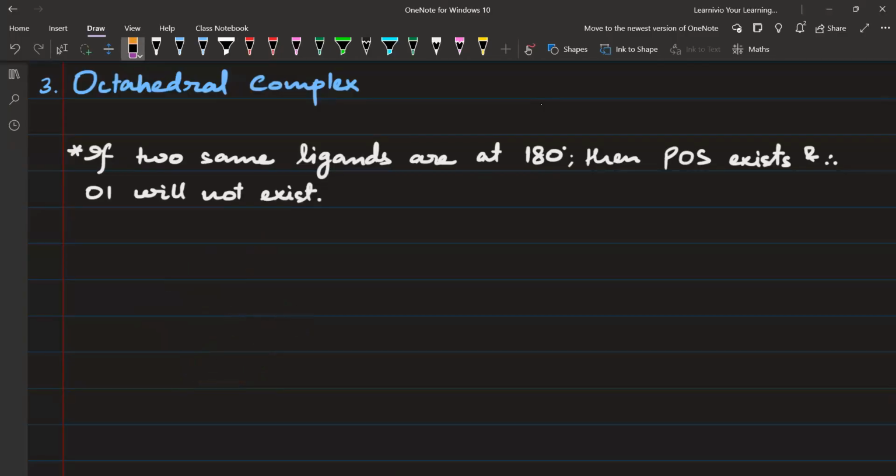दूसरा, तो जब भी आपके पास दो सेम लिगेंड आ जाए 180 पे, then the plane of symmetry will exist. Another one, it is slightly not very conventional to see, but फिर भी हम आपको ट्राई करेंगे एक्सप्लेन करने का. ठीक है, प्लीज राइट.